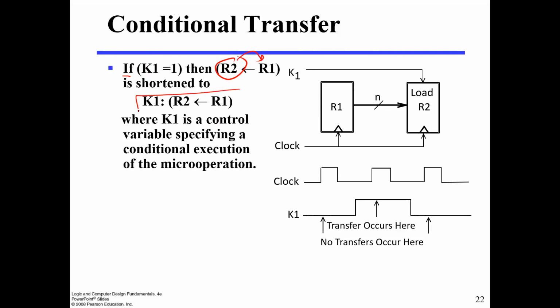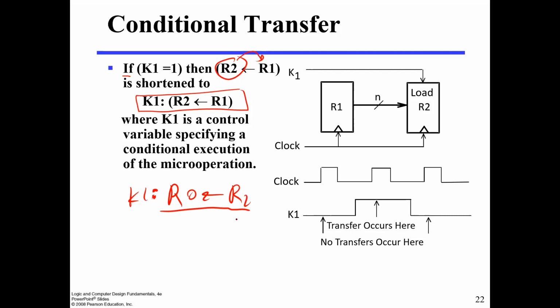How to write this in description? I will say K1 colon and then whatever I want to do. So let's say R0 will take the value of R2. What it means is that if K1 is equal to 1, do this operation. If K1 is equal to 0, just ignore this line.